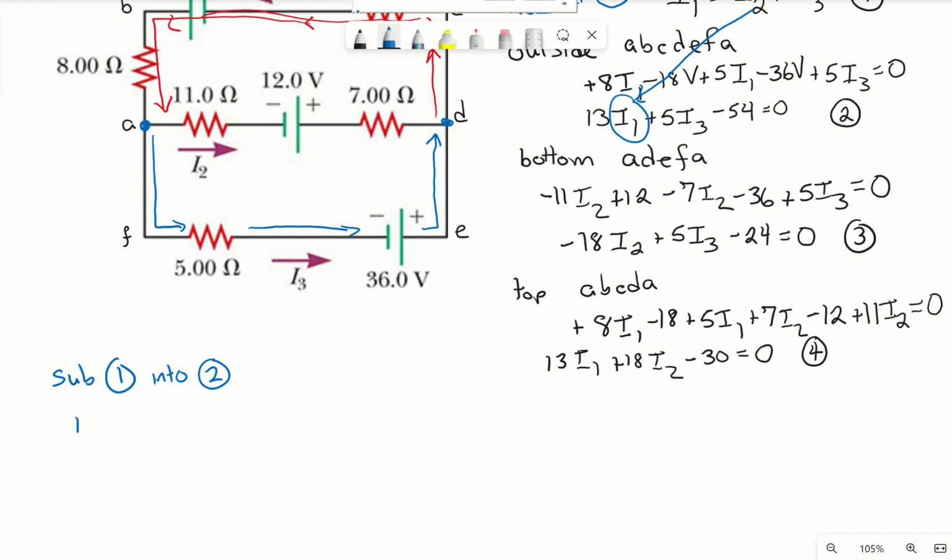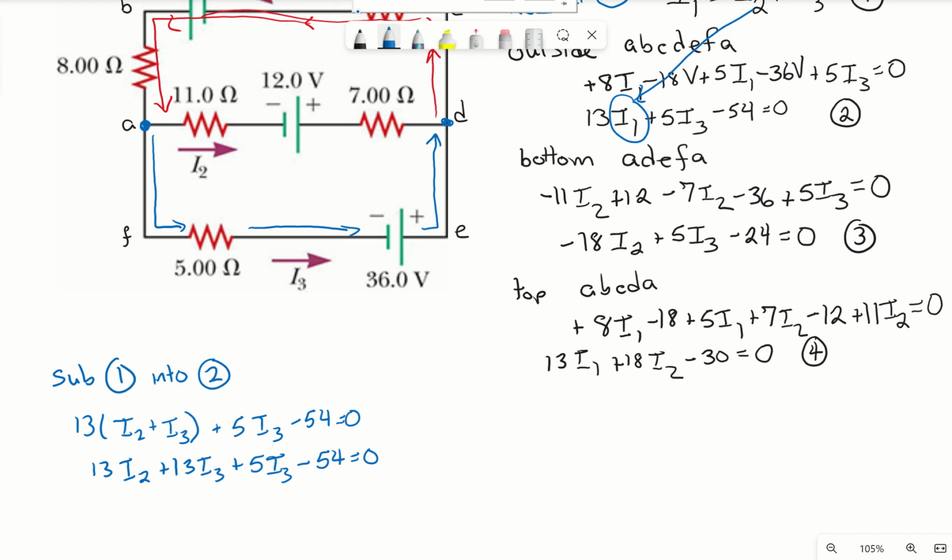All right, so I've got 13 times I2 plus I3 plus 5I3 minus 54 equals 0. All right, so that's 13I2 plus 13I3 plus 5I3 minus 54 equals 0.